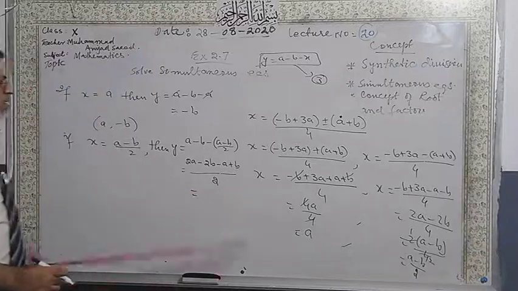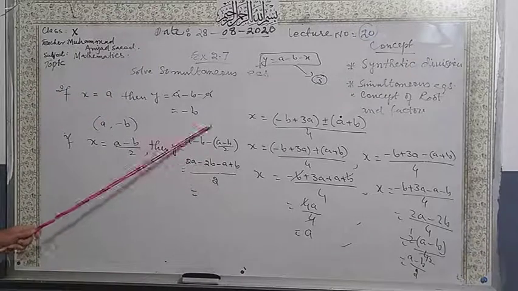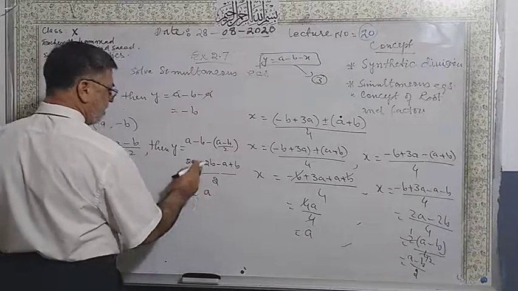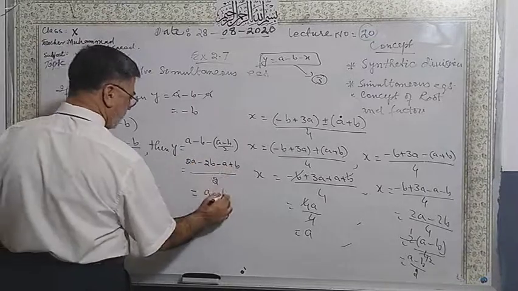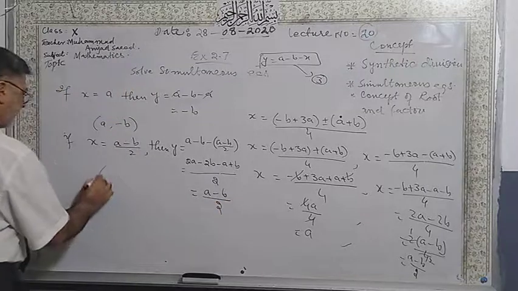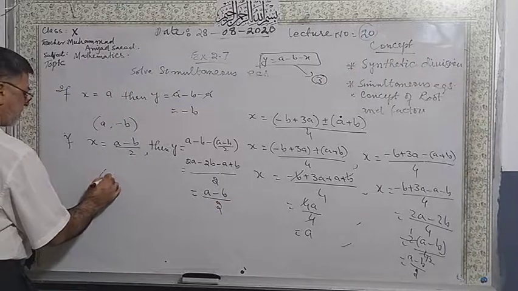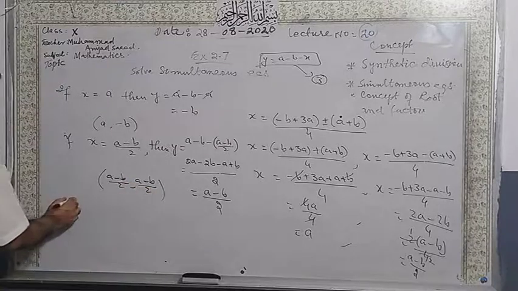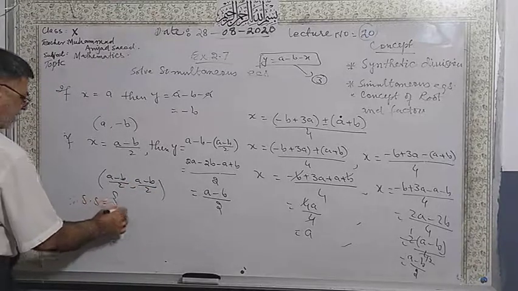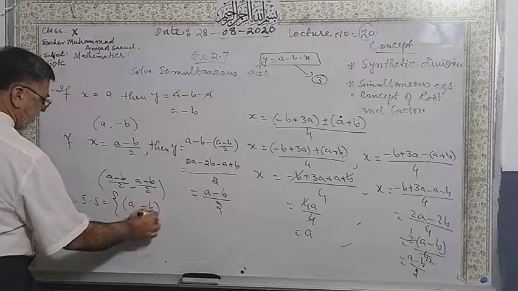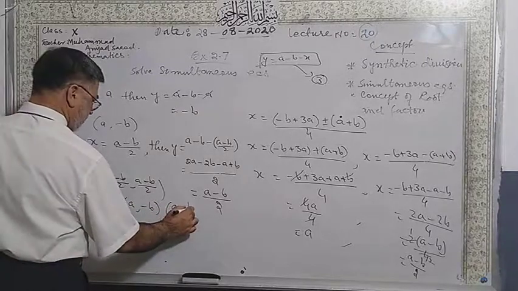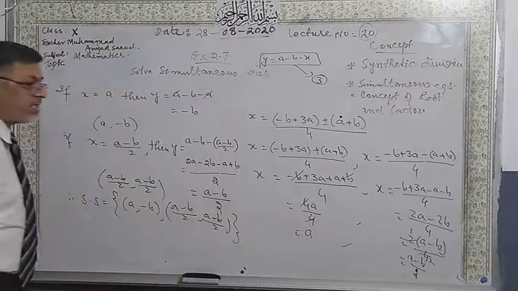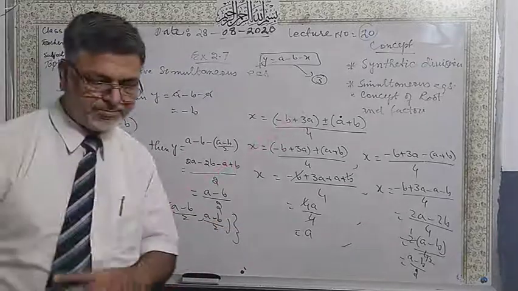Remember that when you open up the bracket, there will be change of sign. 2a minus a is a, minus 2b plus b is minus b, over 2. So your second point in your solution set is a minus b over 2, a minus b over 2. Therefore, your solution set contains a minus b over 2, a minus b over 2. That is your answer, that is your solution.